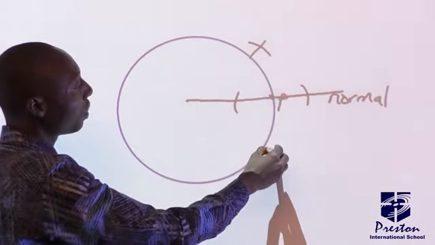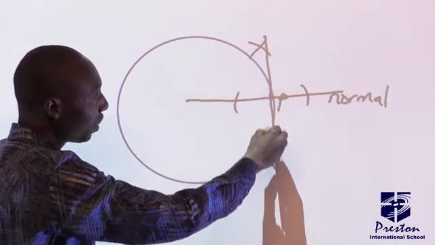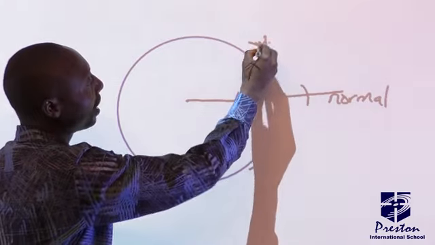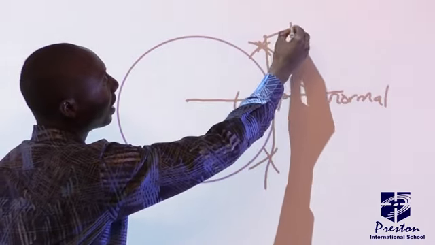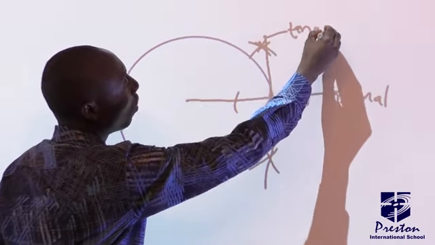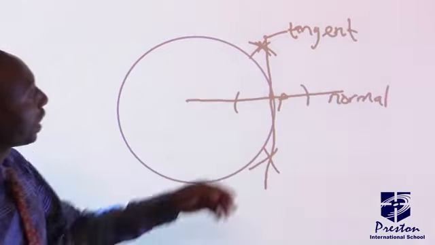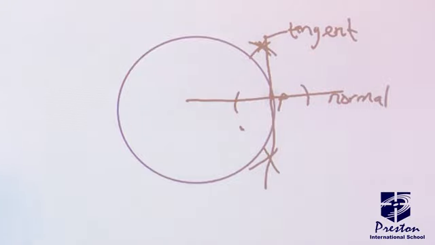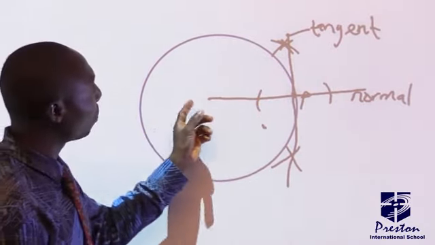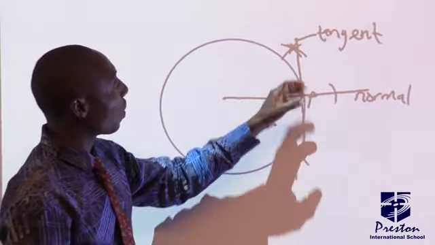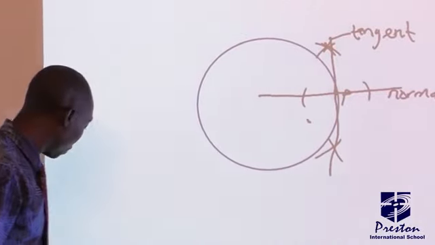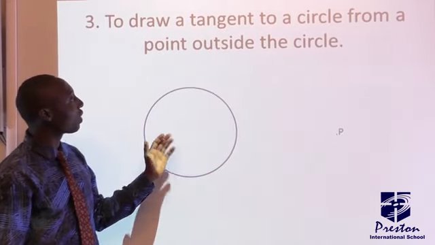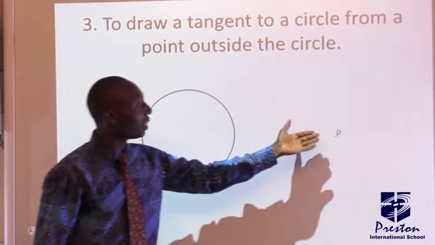And so, with that, you join the points to meet this point P. So this line will be referred to as the tangent to point P on the circumference. So with this, when you have the circle, you draw the normal, then you draw your arcs and get the tangent.